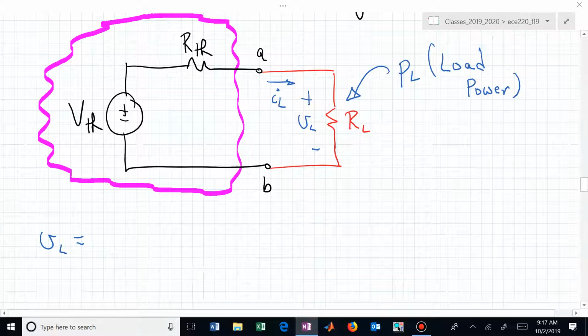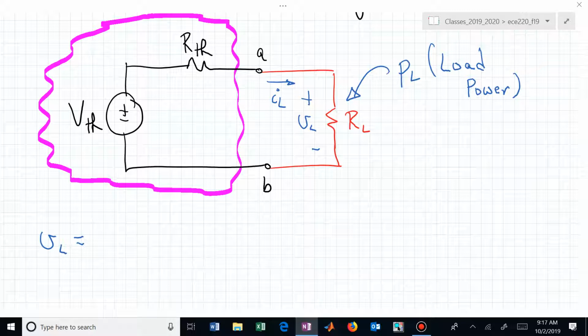V sub L is R sub L times I sub L, correct. Let's now write it in terms of V Thevenin. So that was Ohm's law. Now if you wanted, you could rewrite I sub L in terms of V Thevenin.